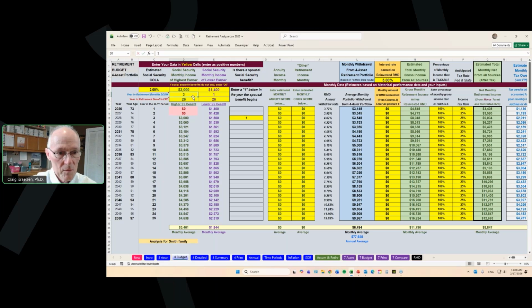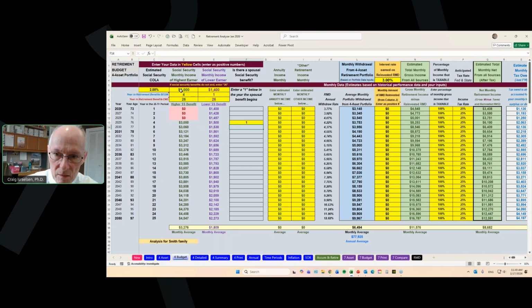If the highest earner begins in year 4, then you would change this to year 4, and there's your spousal benefit, which is half of the higher earner. So that's just meant to simplify the way that you can get a more accurate appraisal of what the Social Security benefits are. That becomes a major source of income for this retiree or this couple that's retiring.